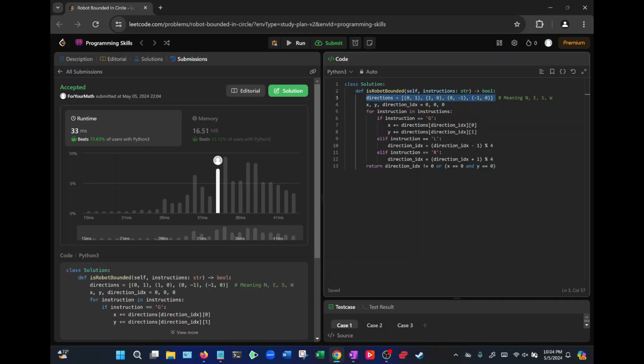Furthermore, we had to be clever in choosing how to list these directions, because listing them in this order allows us to change direction by going back and forth through this list.